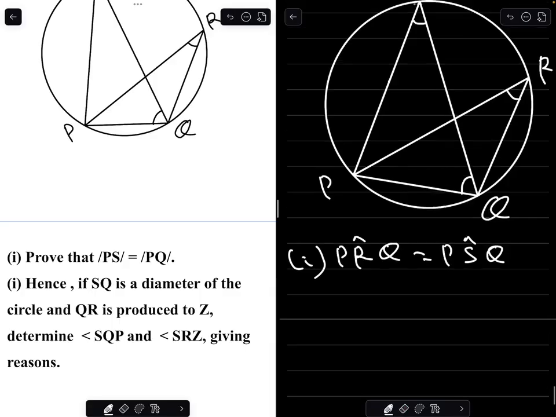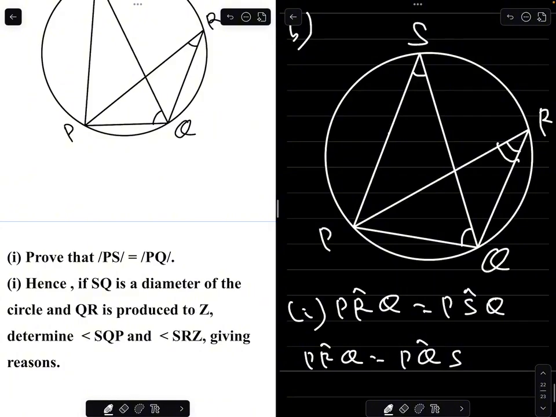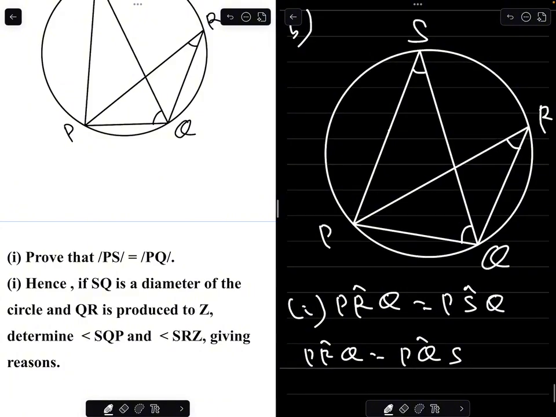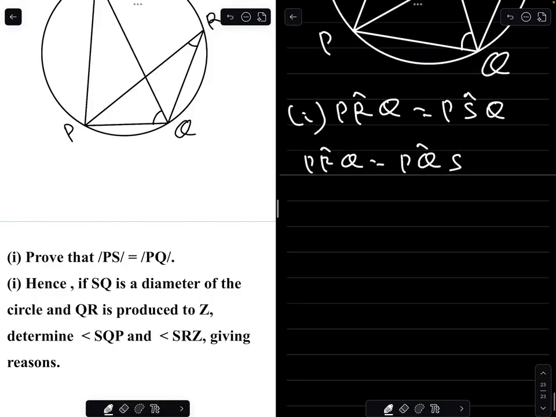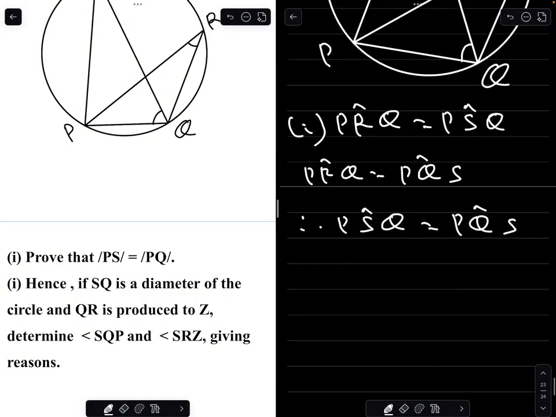We know that PRQ is equal to PQS. This angle is equal to this angle. So what that therefore means is that PSQ will also be equal to angle PQS.